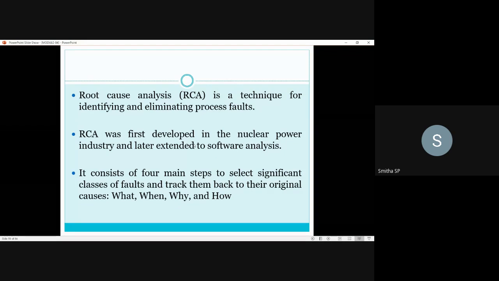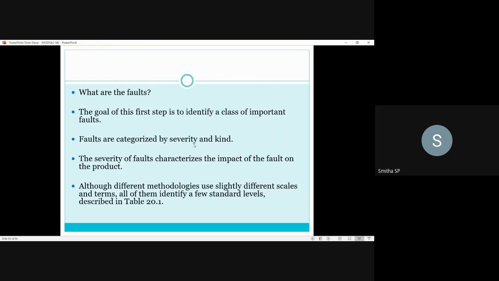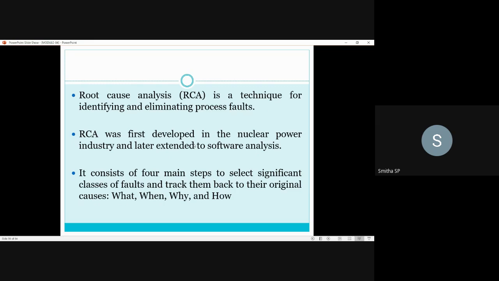Next, it consists of 4 steps: what, when, why, and how. You will be having these steps to select the significant classes of faults and to track them back to their original causes. So far we discussed about what, and in the later session we will discuss about when, why, and how.